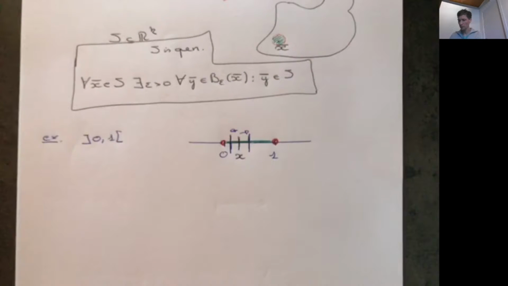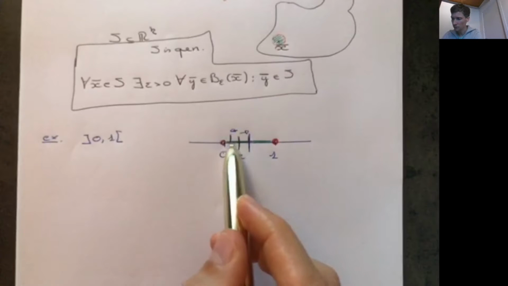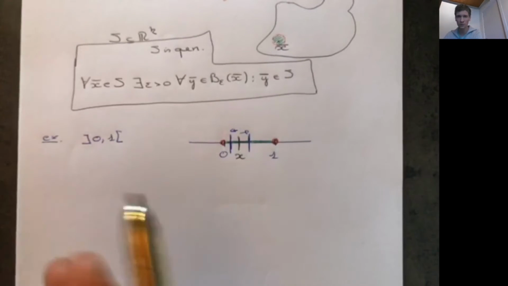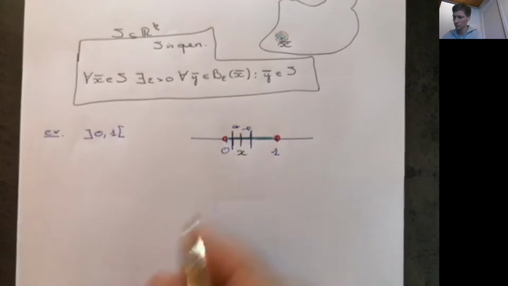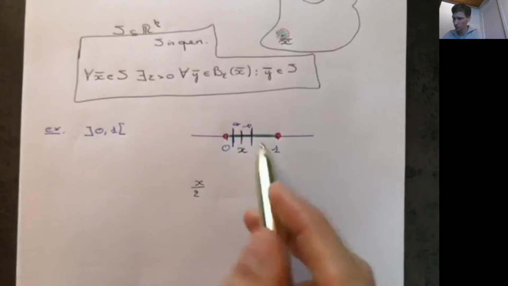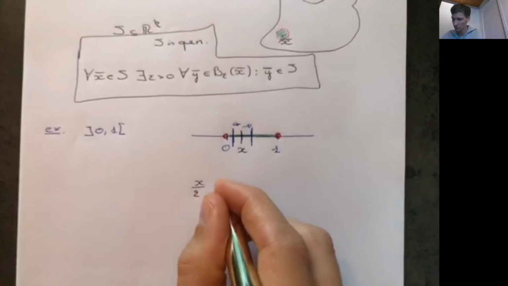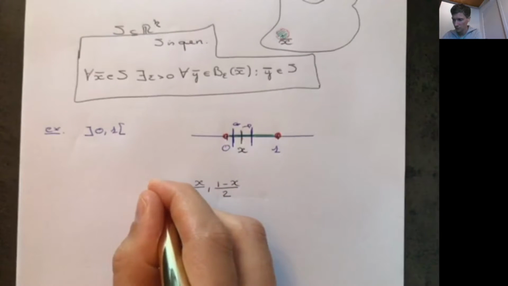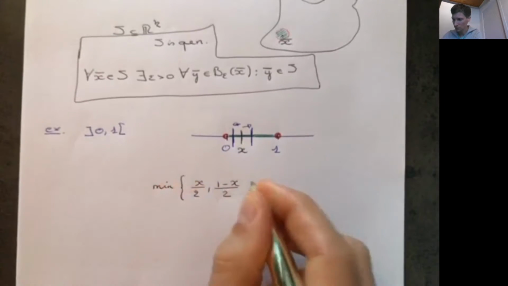Okay, so for example, epsilon could here be the half point between 0 and x and the half point between x and 1, but then take the smallest one of these two numbers. Okay, so here we would have x over 2, and here we would have 1 minus x over 2, but then take the minimum of these two.